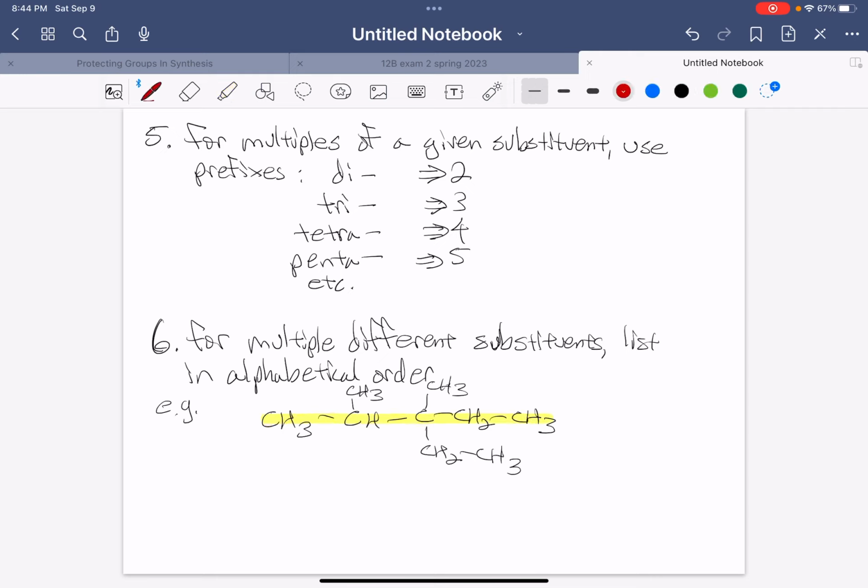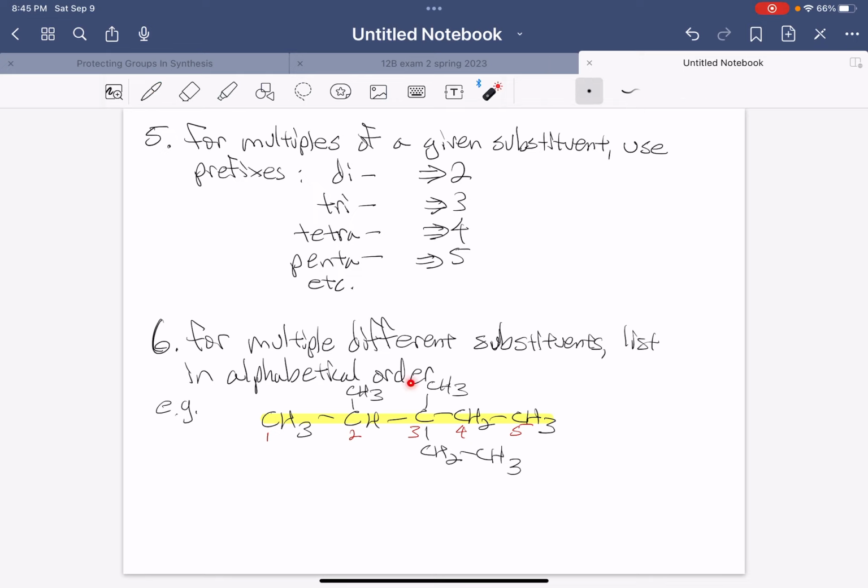So I can go ahead and number these carbons, and I'll start at this end on the left here because it enables me to have the most substituents.